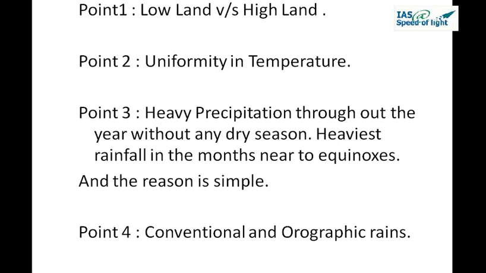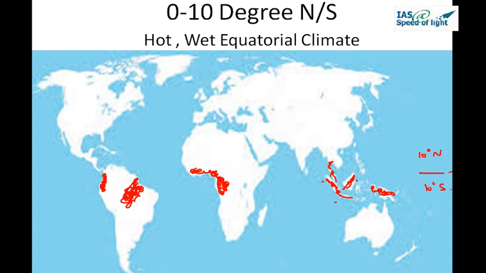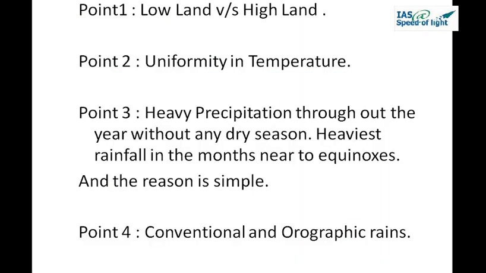So point number one is lowland versus highland. Even in this area that we have marked for this climatic zone, there is going to be a variety of temperature. If we go on top of a hill, we are going to have a much cooler temperature than in the lowland.